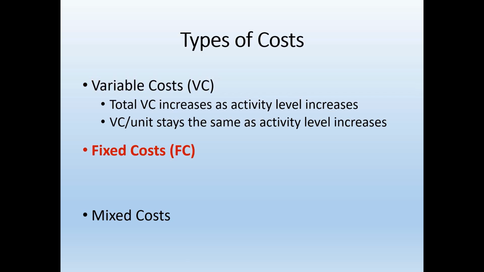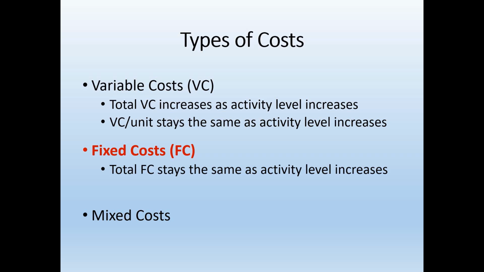Fixed costs, like factory rent, get their name because we don't expect them to change because of a change in the firm's activity level. Of course, that doesn't mean that they never change. For example, the firm could get a rent increase on the factory, but it didn't happen because the firm was a little busier this period than it was last period.